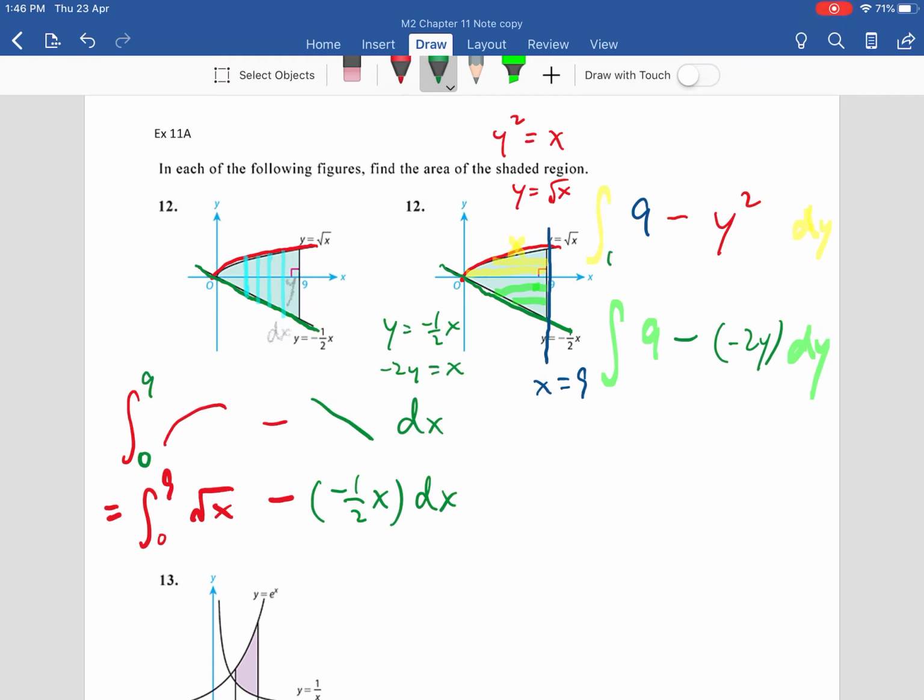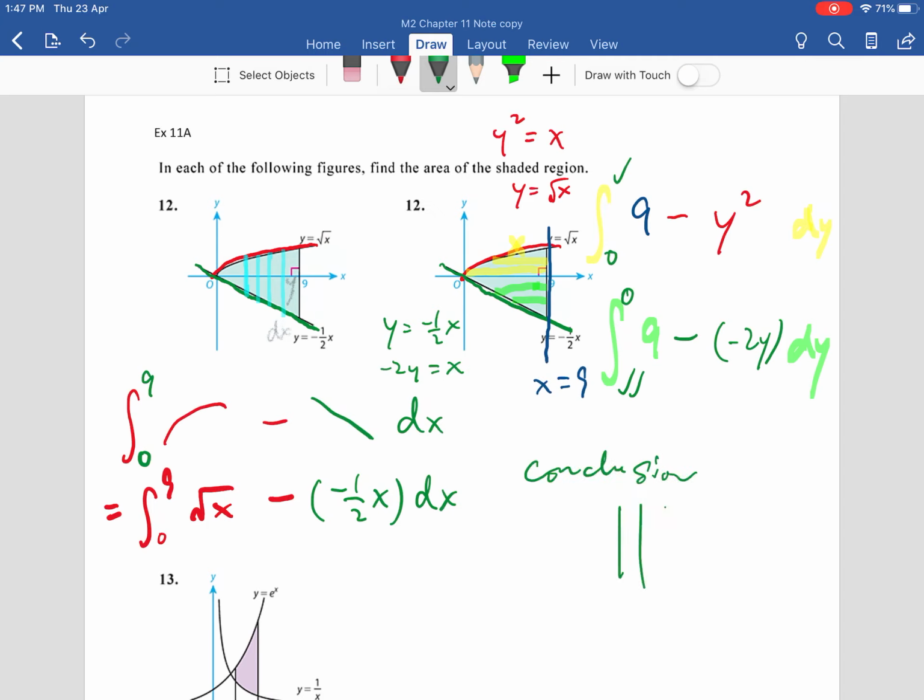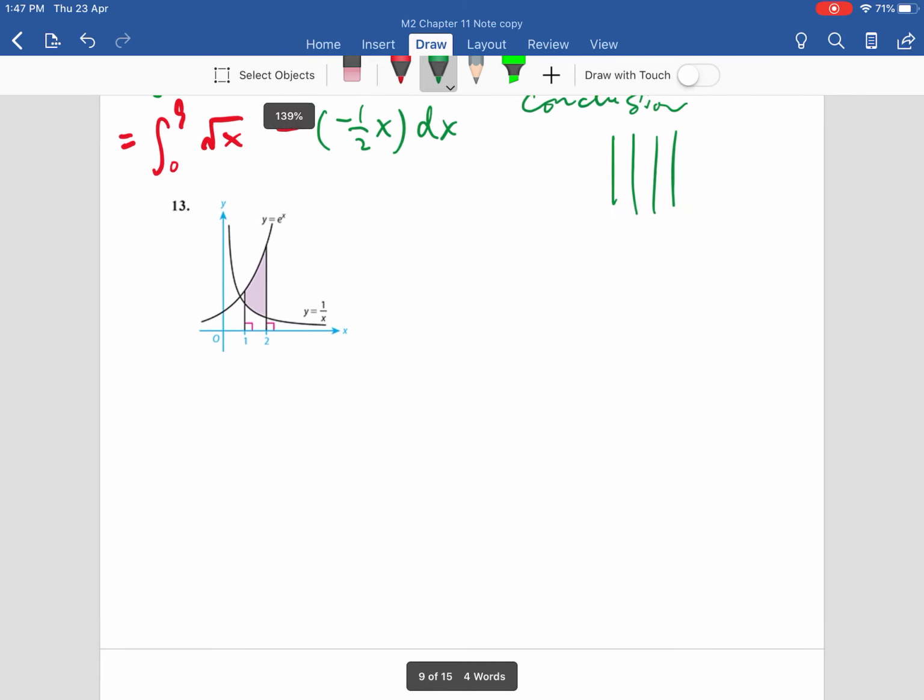Here is from 0 to, you have to find this out, and here is again, you have to find this out. So the conclusion for this question: better cut vertically.